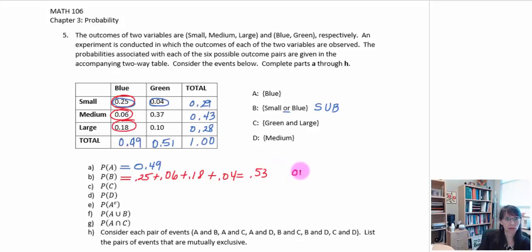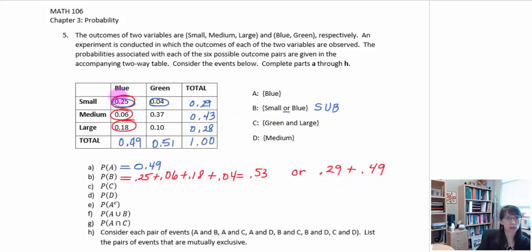So another way to look at that is to use the additive rule. The additive rule would take us directly to the totals. So the event small, that probability was 0.29, added to the probability of being blue, that total is 0.49.